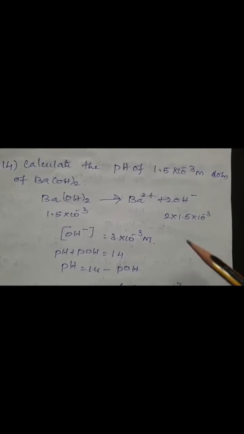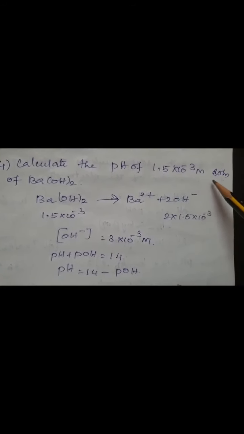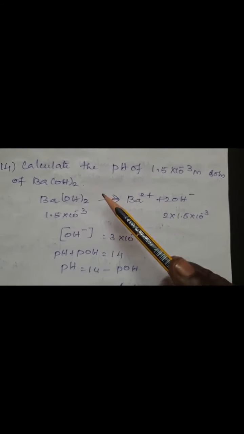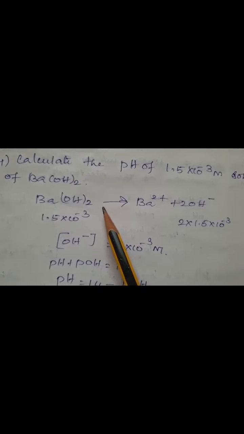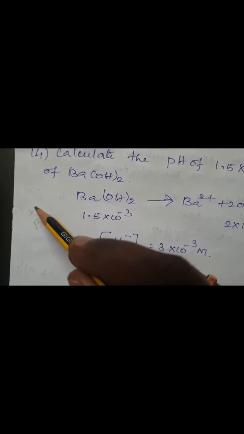Problem number 14, book back problem. Calculate the pH of 1.5 × 10^-3 M solution of barium hydroxide, Ba(OH)2. You know the formula for barium hydroxide is Ba(OH)2. Just ionize this: barium has a 2+ charge because it is in the second group, and OH has a charge of minus 1.